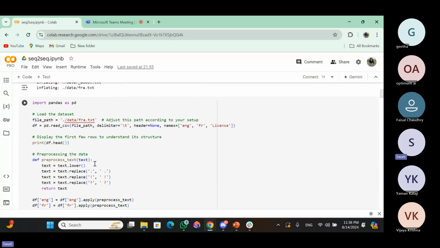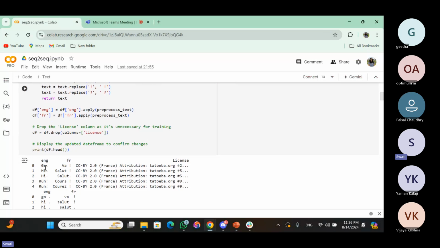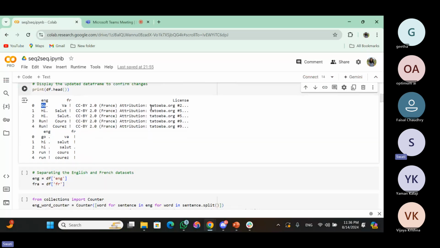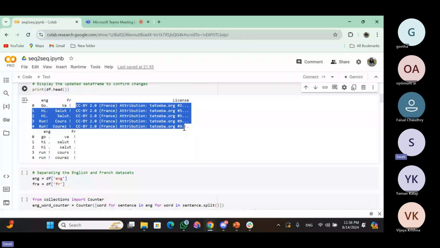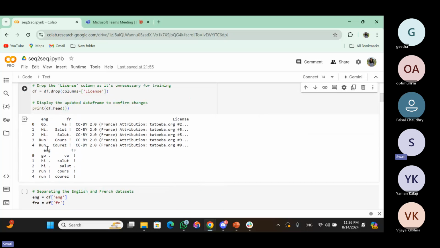We are converting all the words to lowercase, so Go will change to go. Then we are dropping this license column, which we don't need for our work. So at present we have only these two columns, English and French.